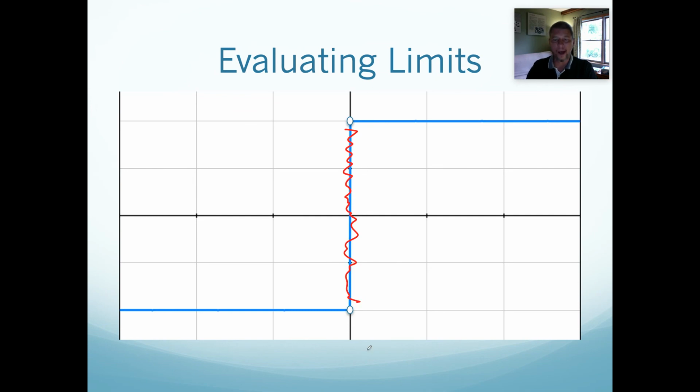There are no values between here and here. But notice that as I approach x equals 0 from the left, and x equals 0 from the right, I'm approaching +2 from the right and -2 from the left, all right? And so the limit itself doesn't exist, but the two one-sided limits do exist.